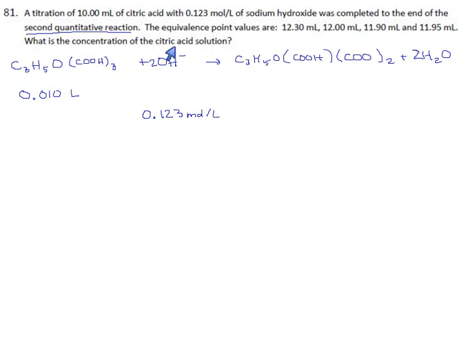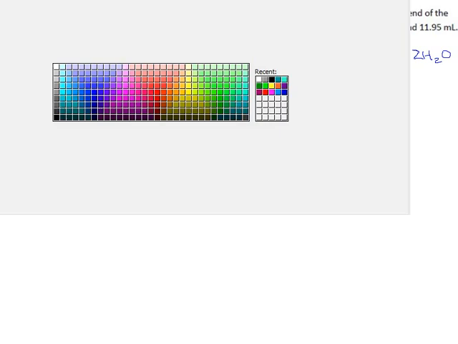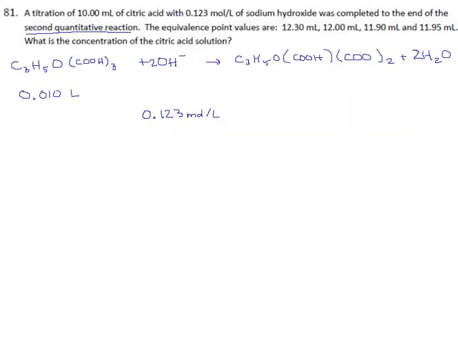And they say the equivalence point values were, so they ran this titration 4 different times and got 4 different numbers. And the general rule is that we would average all of these, but before we do that, there's something else that we normally consider when we do a bunch of trials like this.